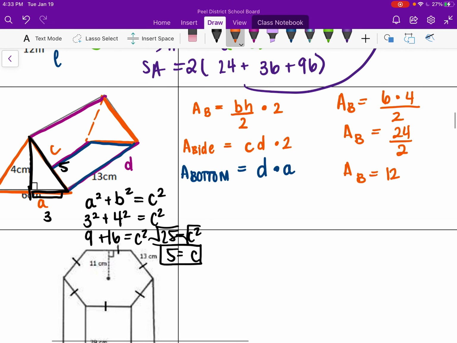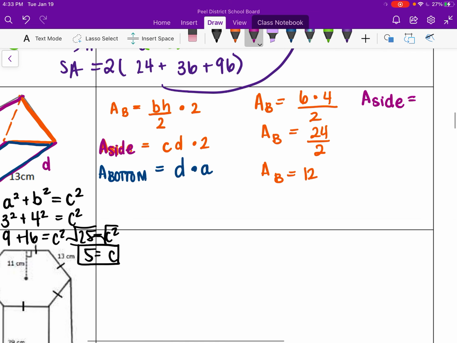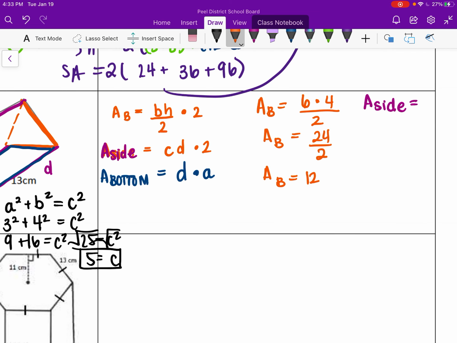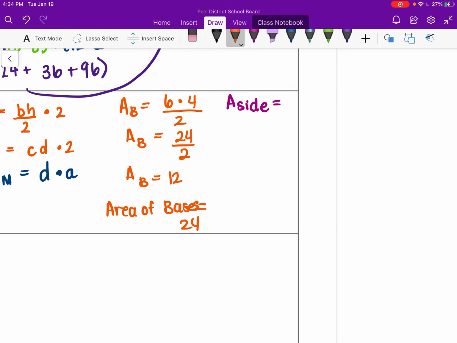Now we want to go over the area of the side, so I'm going to put that in this color, area of the side rectangles, and there's 2 of those, right? I'm just going to write area of bases equals 24 because we're just taking that and multiplying it by 2. Area of the side is going to be C times D, right?